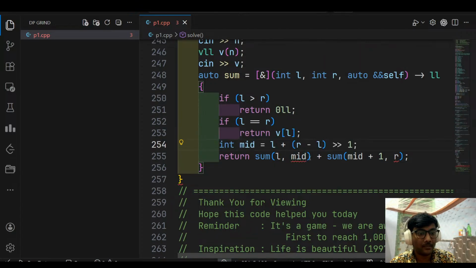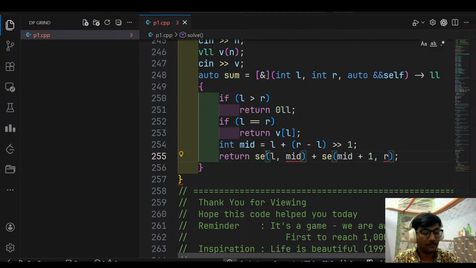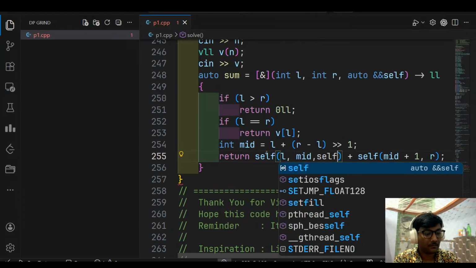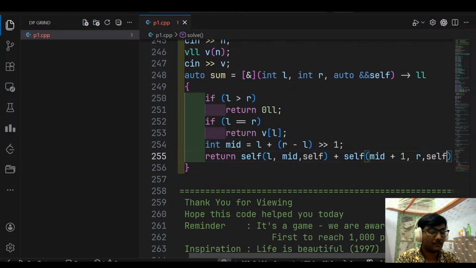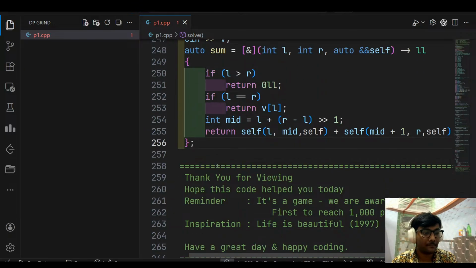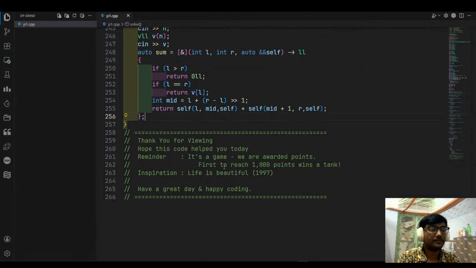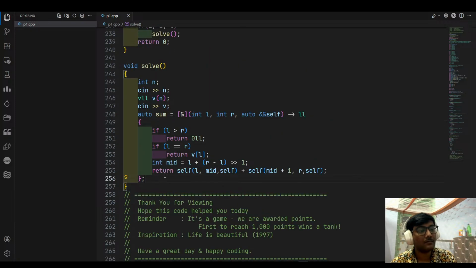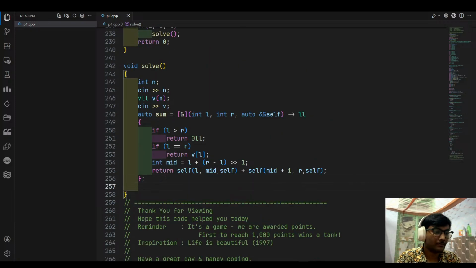For L to mid, of course I should pass the array too. In the end, we will call this function, maybe sum from 0 to n minus 1.